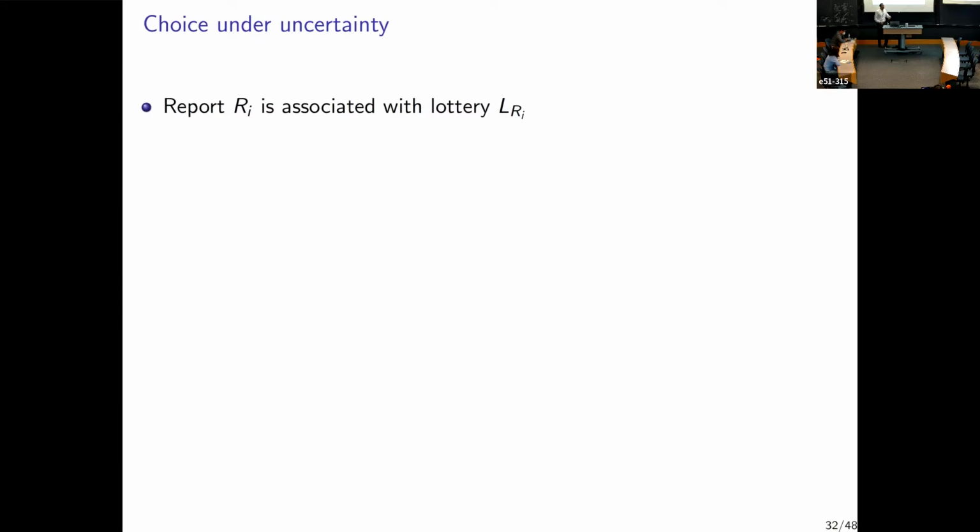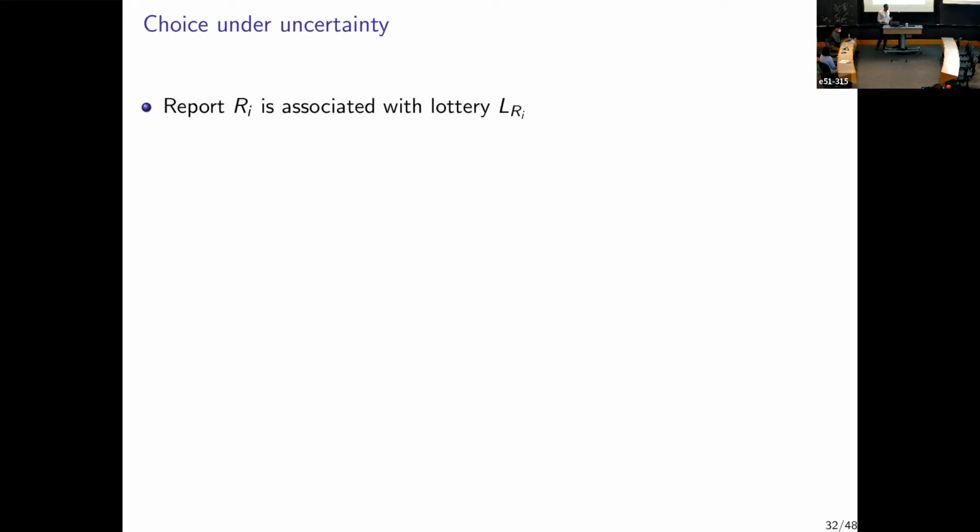Okay, so as I was talking to John, we need to change the framework. Now we're not going to interpret reports to the mechanism as a true revelation of the ordinal preferences of individuals. Rather, we need to think about choices under uncertainty.